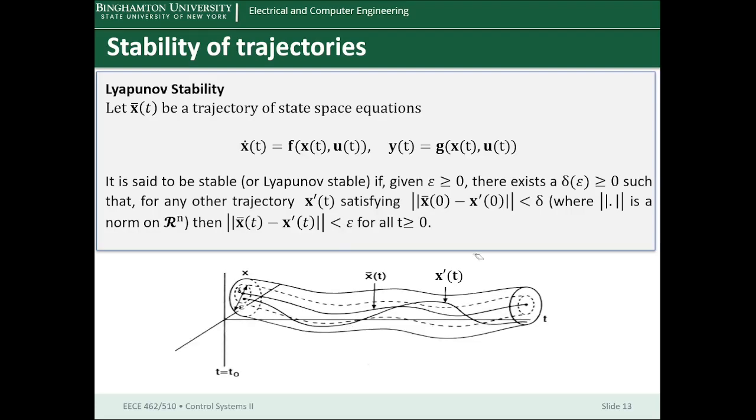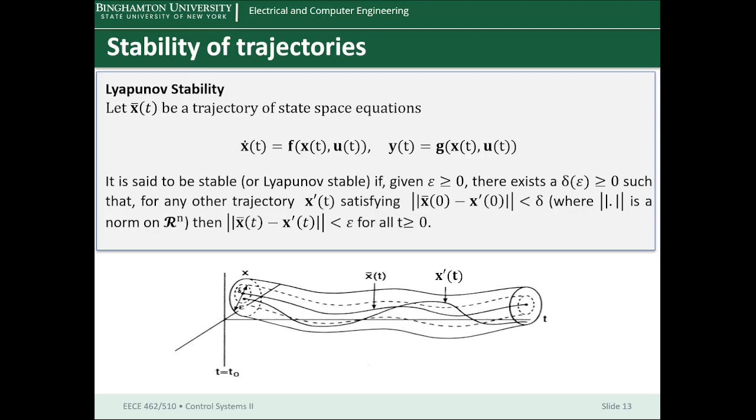In this figure, the surface perpendicular to the time axis represents the state space. You can see that x prime of t, starting at t0 within a small radius delta around x bar, stays within an epsilon neighborhood of x bar as time evolves.